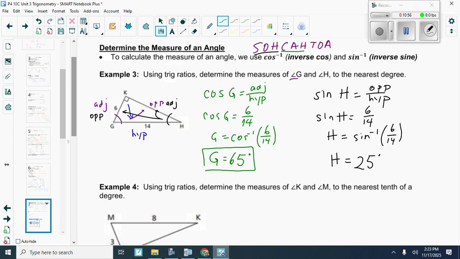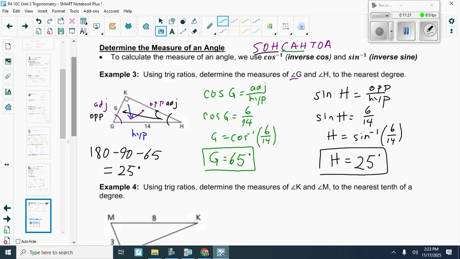What do all of my angles have to add up to? 180. Don't forget that sometimes you can take the shortcut. You can also say 180 subtract 90 subtract 65, and that would give us the 25 degrees as well.